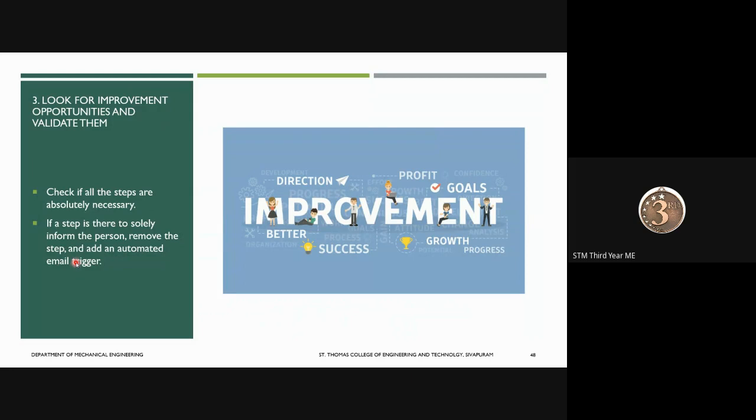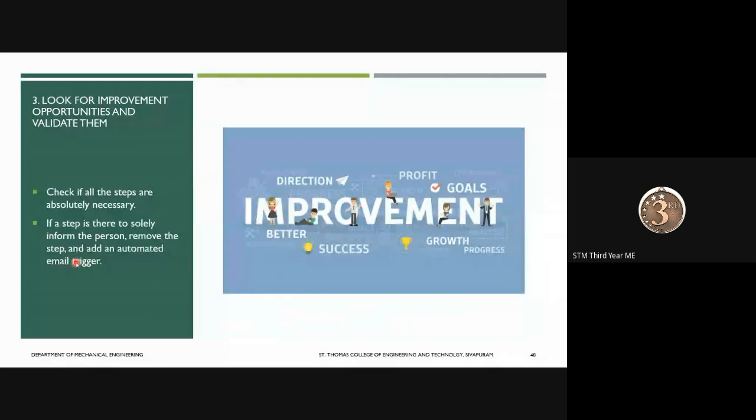So the upper management will also obtain the number of products that have been produced under that particular workstation, and the employee can also know the number of products. So that is one of the ways to eliminate or improve that particular step. That is an example that they have stated. So that is what comes under improvement opportunities.